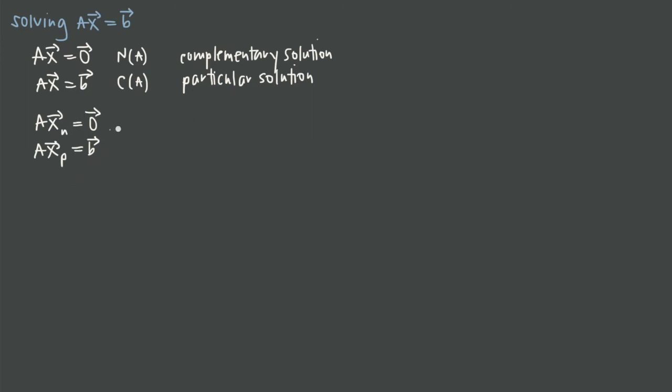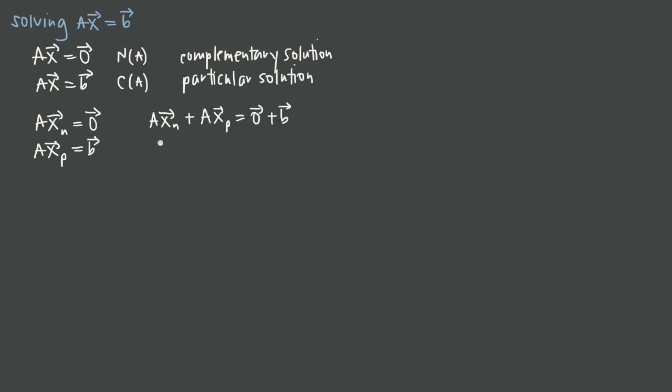So when we add these equations, which is a perfectly valid operation, we'll add the left-hand sides and we'll get A times x_n plus A times x_p is equal to the 0 vector plus the vector b, which is what we get when we add the right-hand sides. But if you remember, matrix multiplication is distributive.